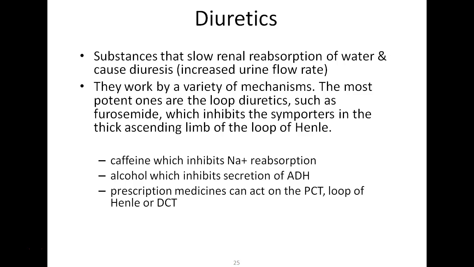When we talk about diuretics, we're talking about things like caffeine, alcohol, and certain prescription medicines. There's a variety of ways that these substances do their work, but the most potent ones have an influence on the loop. Loop diuretics, such as furosemide, inhibit the symporters in the thick ascending loop of Henle.